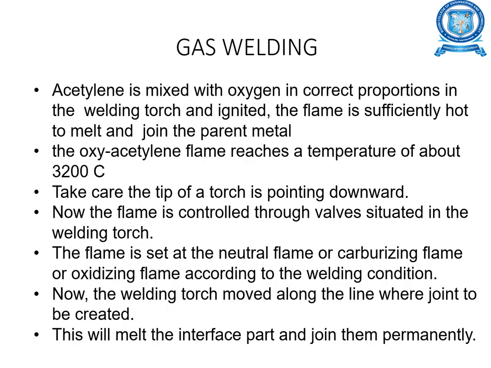So acetylene is mixed with oxygen in correct proportions in the welding torch, and it's ignited. So the flame is very hot to melt and join the parent metal, and the oxyacetylene flame produced would reach a temperature of 3200 degrees Celsius, and care has to be taken that the tip of the torch is pointing downwards, and the flame is controlled through valves situated in the welding torch.